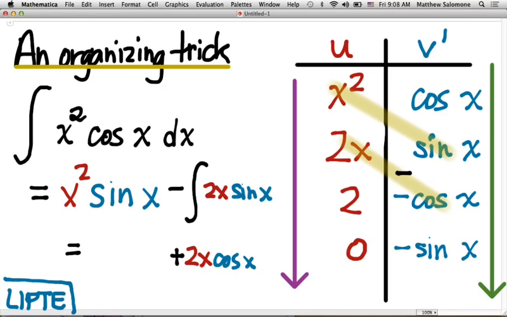And then if we were to go one more step of integration by parts, we would have minus the integral of this, but with a minus in front of it from our original minus. So this would actually have a plus sign on it and an integral. So I could, over here, write plus the integral of 2 times minus cosine x.